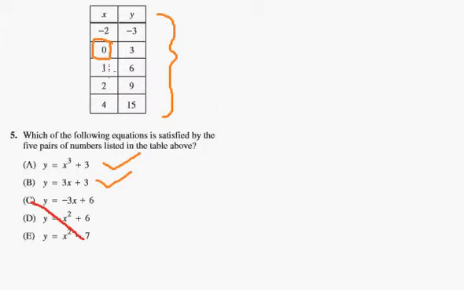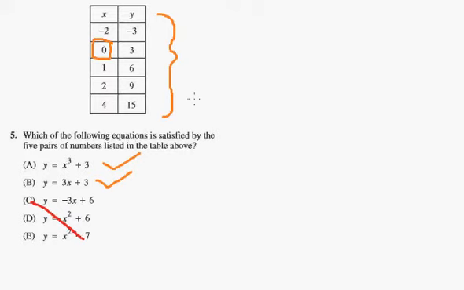Now try another value, x equal to 1. So if you put x equal to 1, let's go with equation A. If x is 1, y will be 4, but y is supposed to be 6, right? So that value is wrong.